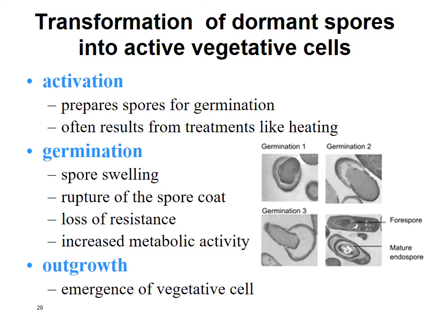Many normal metabolites or nutrients such as sugars and amino acids can trigger germination after activation. Germination is then followed by the 3rd stage called outgrowth, and this is where the spore protoplast makes new components. It emerges from the remains of the spore coat and it develops once again into an active bacterial cell.